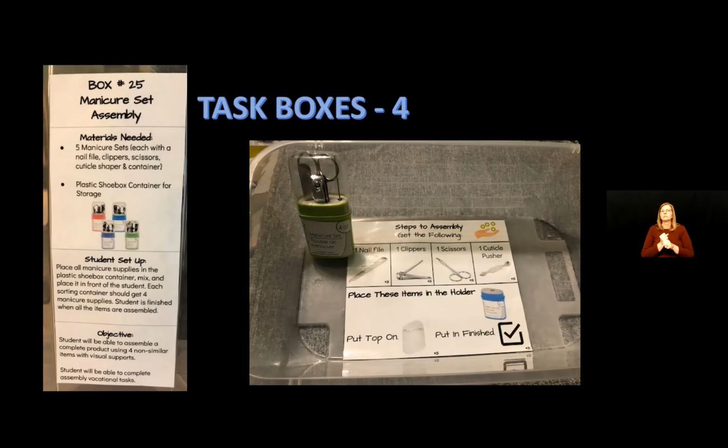You can see that at the bottom of the box, it tells the student exactly what they need to do to complete this box. And it says to get 1 nail file, 1 clipper, 1 scissor, 1 cuticle pusher, place the items in the holder, put the cap on top, and then you're finished.